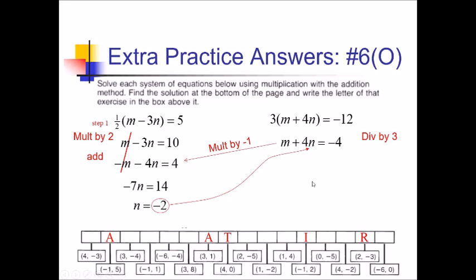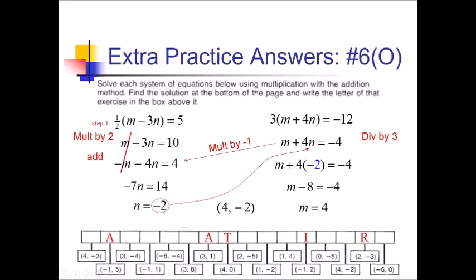So this is going to be m plus 4 times -2 equals -4. That's going to be m minus 8. And then if I add 8 to both sides, -4 plus 8 is going to give me +4 for my m value. Going in alphabetical order to write the point, that'll give me the point (4, -2).